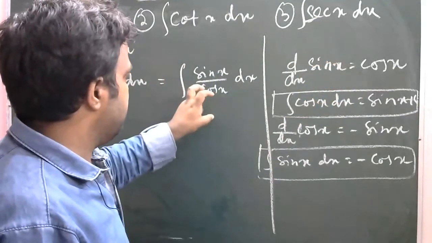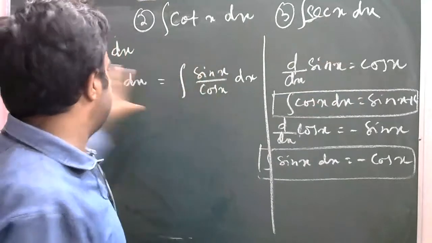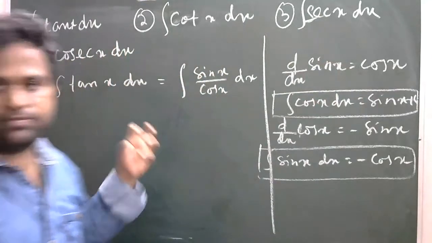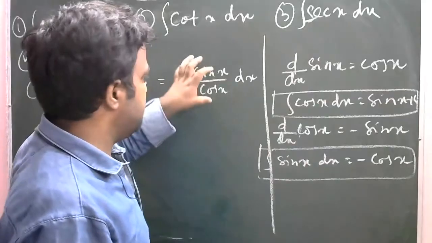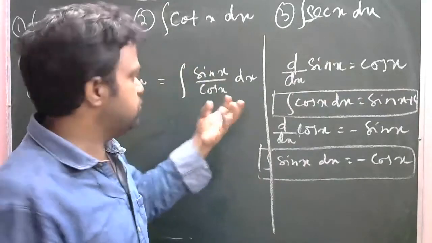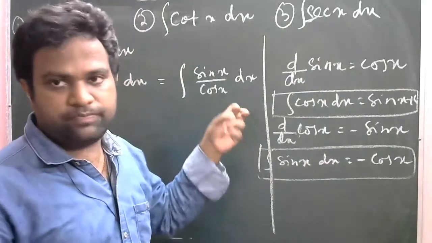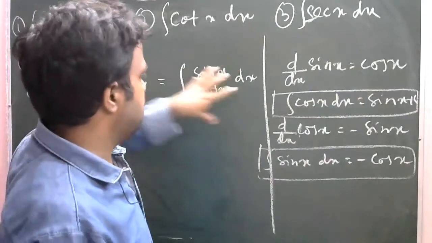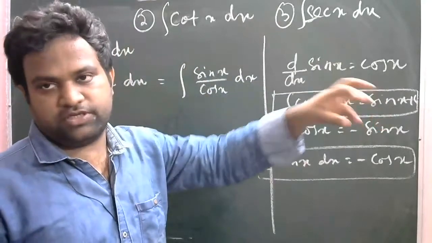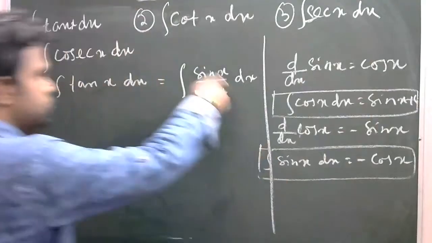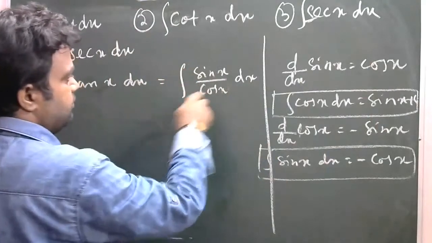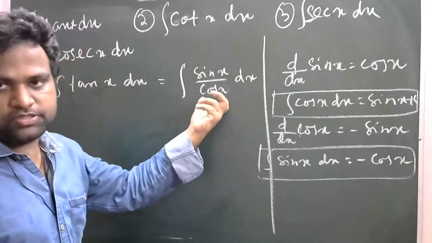So you see, I cannot find directly the integration of tan x, so what I'll do is substitute some new variable so that this whole integrand will be transformed to another set of variables. So I think it's best to choose cos x from the denominator.